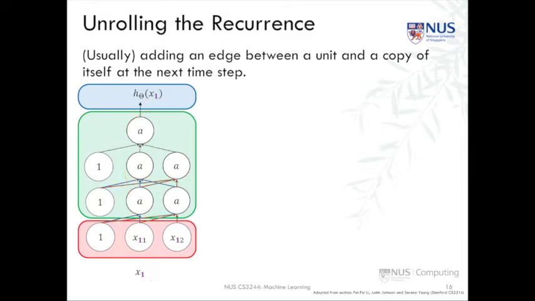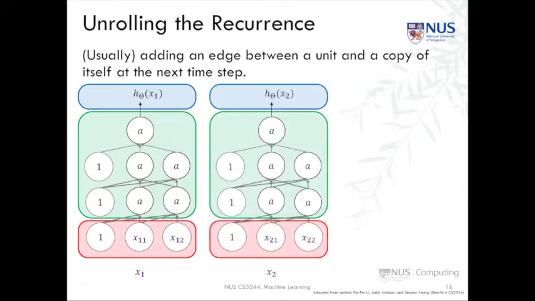So now let's unroll this recurrence that we saw on the last slide where we had an arrow going back to itself. If we were to illustrate another time step, it would look again like this. We would have a new input x2 coming in as, again, the same 2 dimensions, which would go through this network and finally get a hypothesis out for a second input.